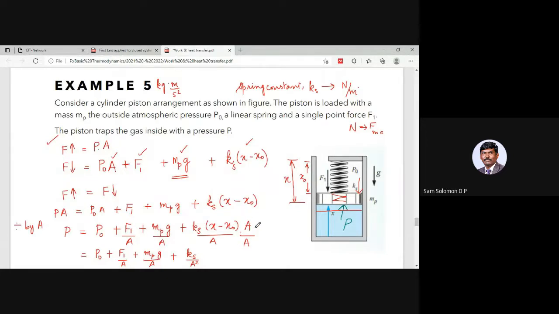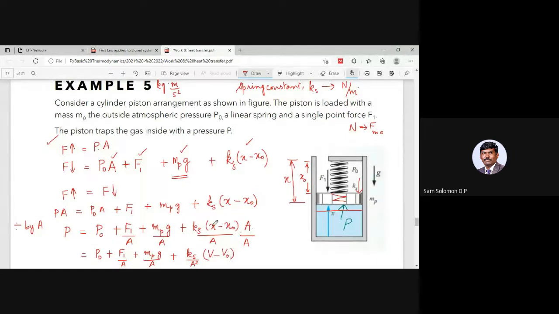This guy is area, and X minus X naught, if I take it as some volume, or if I say x into A is V and x naught into A is V naught, that would become volume.